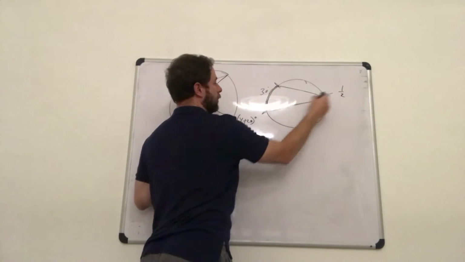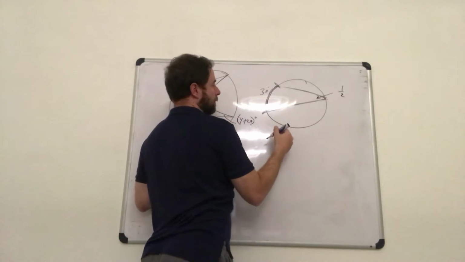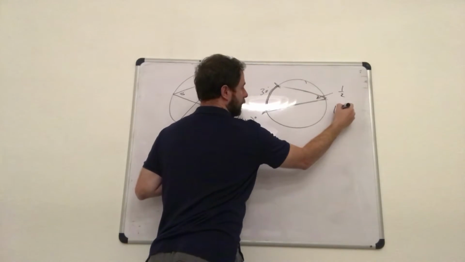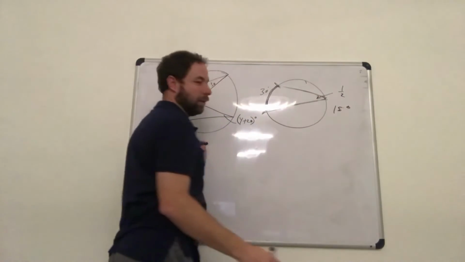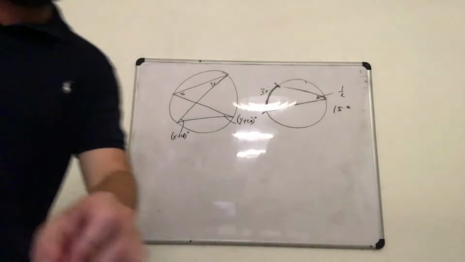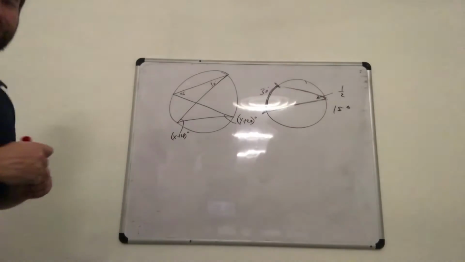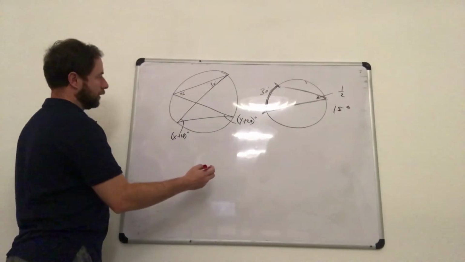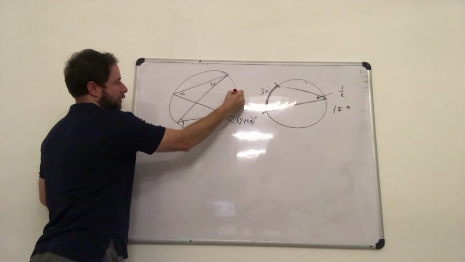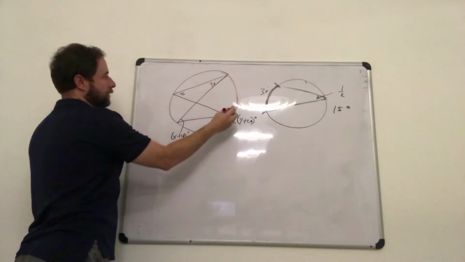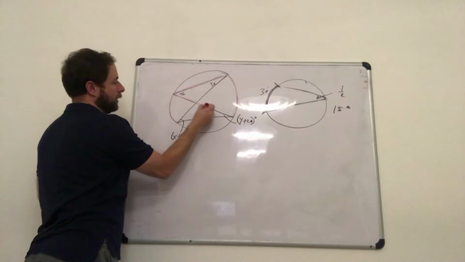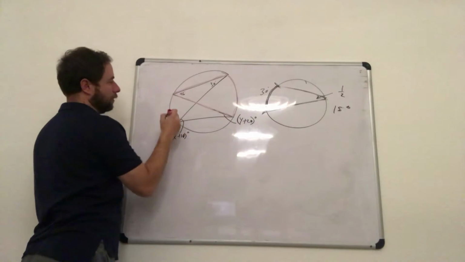So it's got these two chords right here. 30 divided by 2 means 15 degrees is what this inscribed angle is. And that looks pretty simple. So you're going to use your knowledge of an inscribed angle in order to solve for these. So if you will look at right here, here's an arc. And this arc is being inscribed by this 46-degree angle.